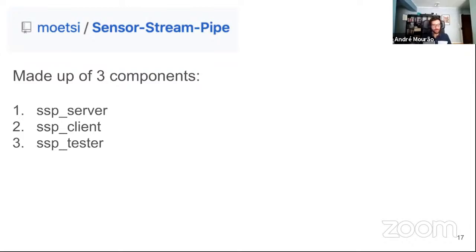The SSP client is the frame receiver and decoder that's working on your processing server that runs the remote processing, getting the frames for further processing. And you also have the SSP tester that is able to show the impact of the different compression algorithms that we have available. So you can see the impact of running SSP on your data.